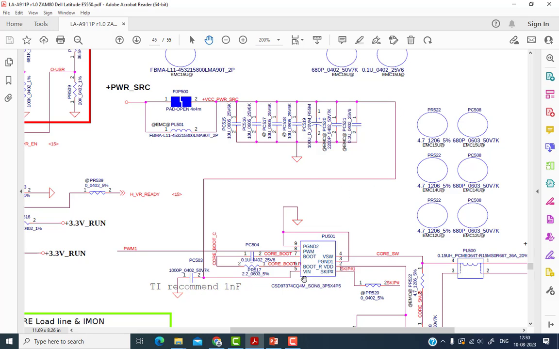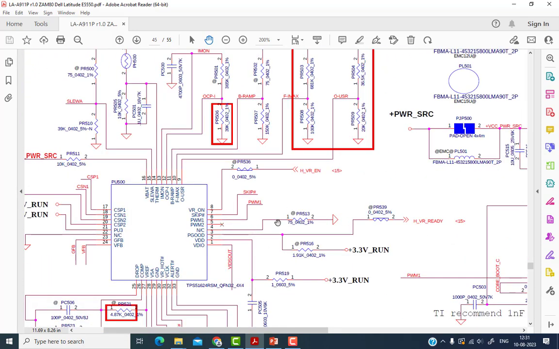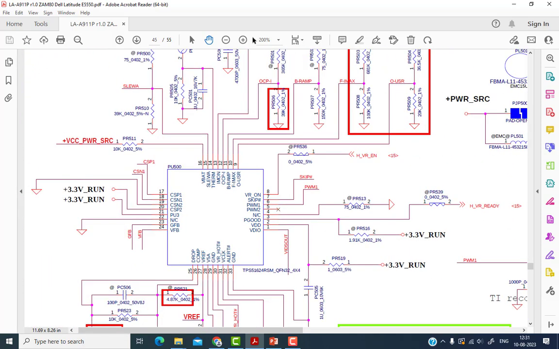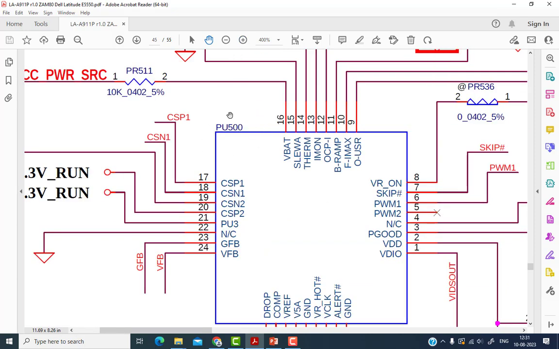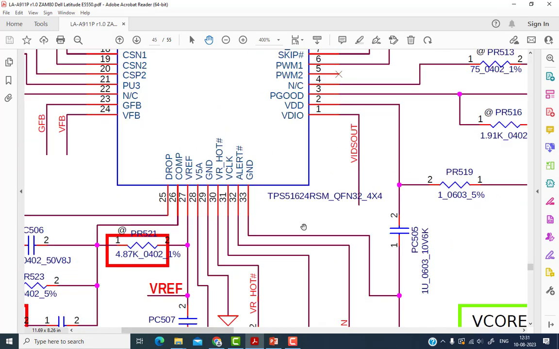It's called the VIN pin, and then here is my VRM chip. The location number of the chip is PU500. This is the location number, and the chip number is TPS51624. Okay, what is the number of the chip? It's TPS51124RSM.